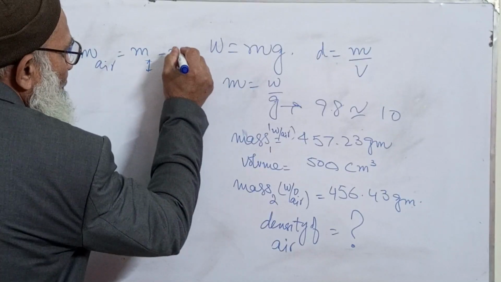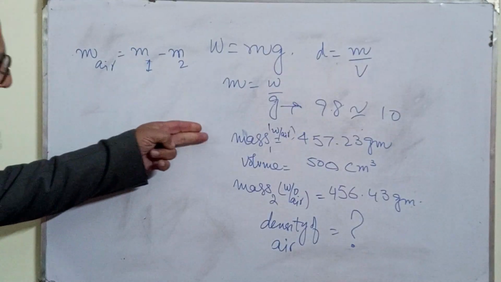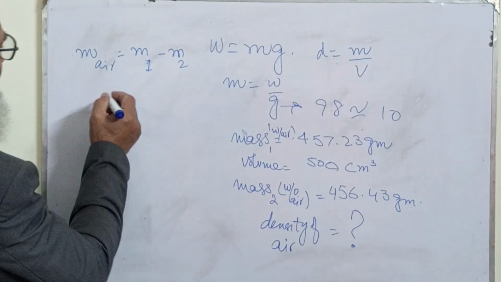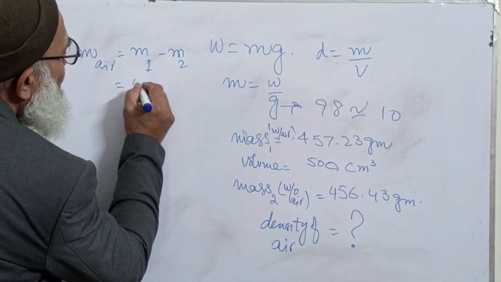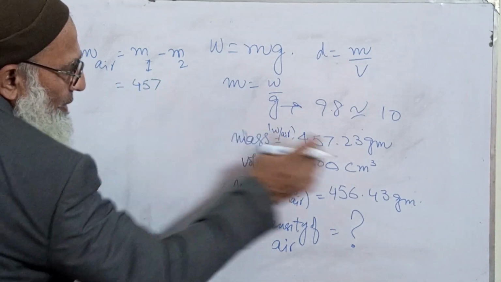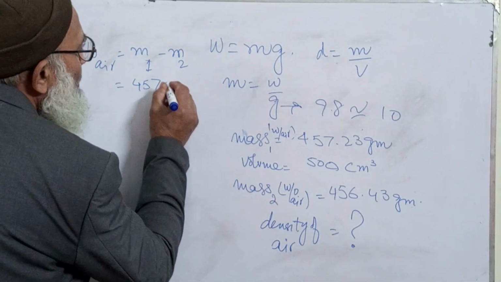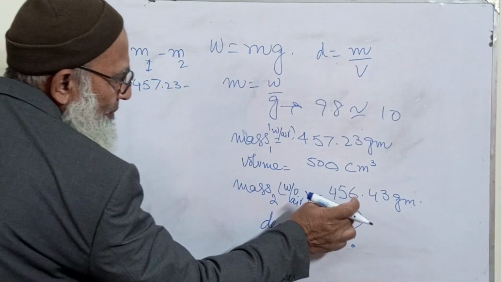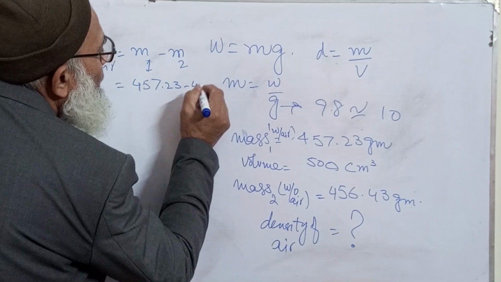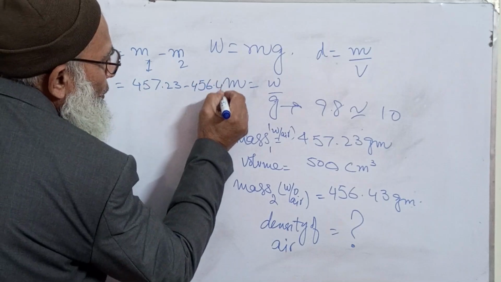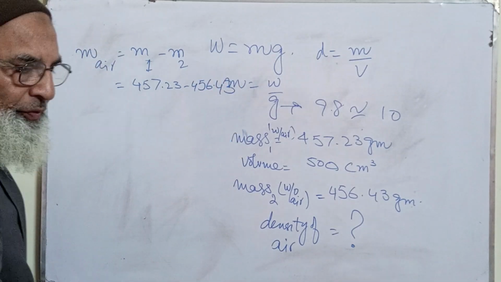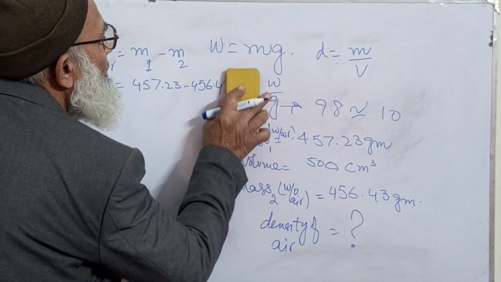M1 minus M2. Now it will become 457.23 minus 456.43. Just forget the units because both are in grams.